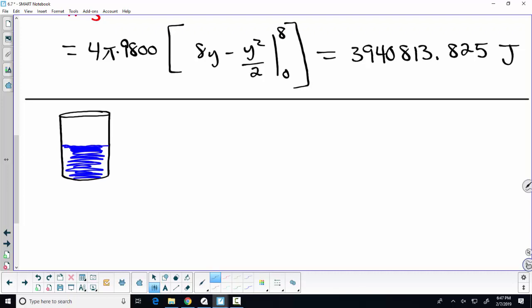The only thing that changes in that formula, the tank is still the same. The only thing that changes are the bounds, right? Because we're only lifting this out from here, all of these rectangles to here. So that's the only thing that changes.